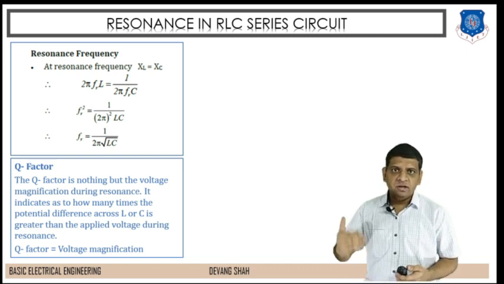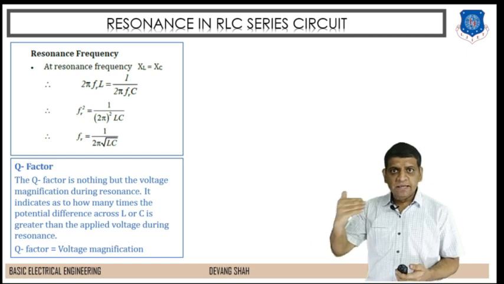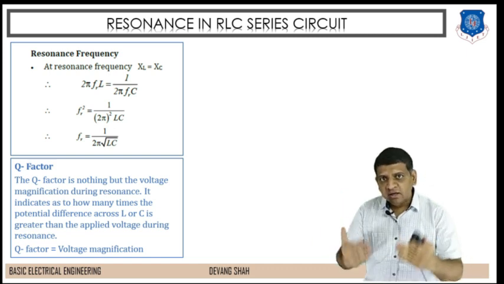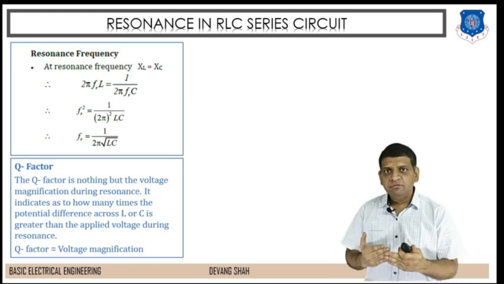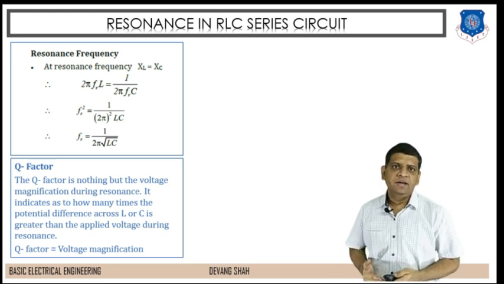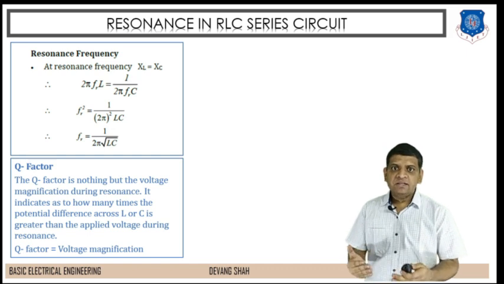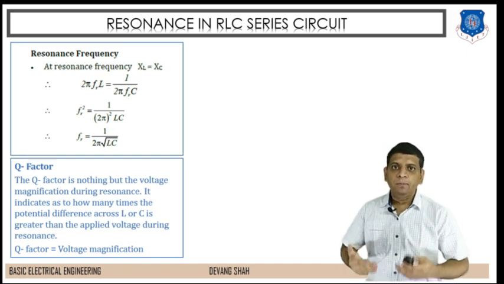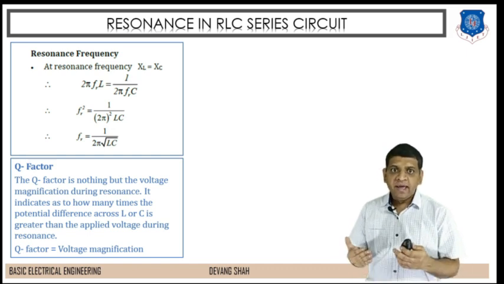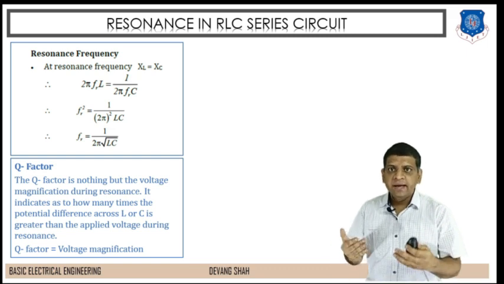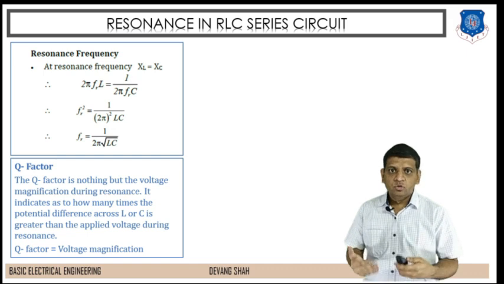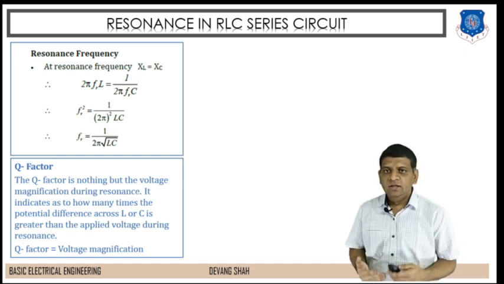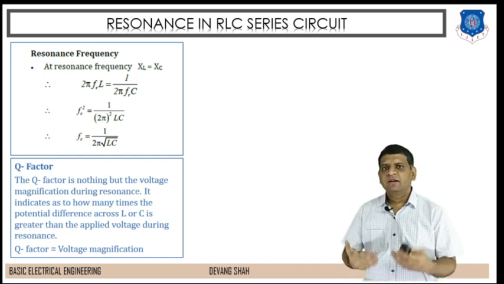At the resonant condition, XL is equal to XC, what should be the magnification of voltage across the inductor and capacitor? That factor I define as my quality factor. It indicates how many times the potential difference across L or C is greater than the applied voltage during the resonance.